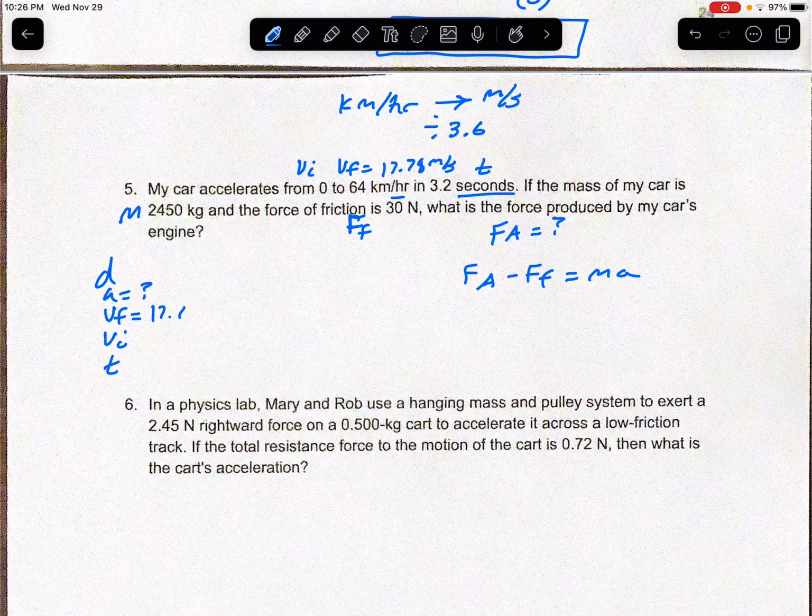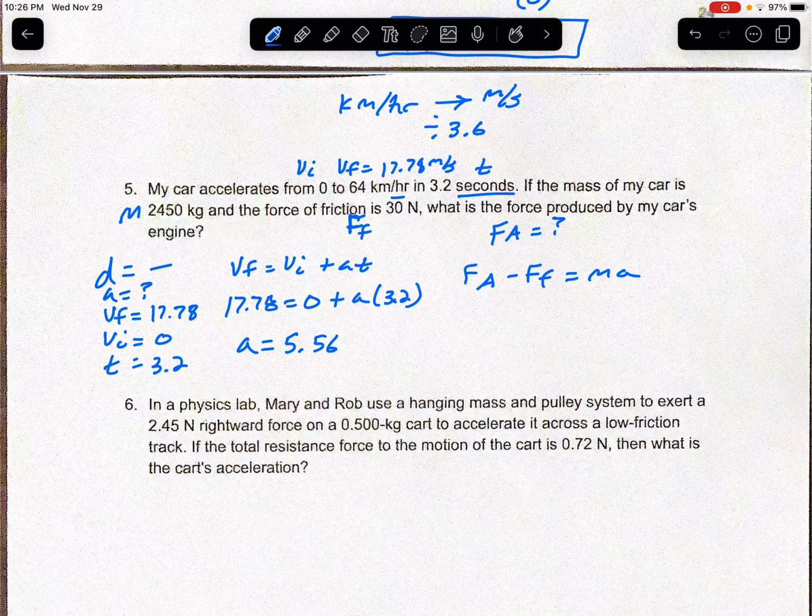VF is 17.78. VI would be 0. Time would be 3.2. So distance does not matter, and we're going to use equation number 1: VF equals VI plus AT. So 17.78 equals 0 plus A times 3.2. Divide both sides by 3.2, and you get an acceleration of 5.56 meters per second squared.